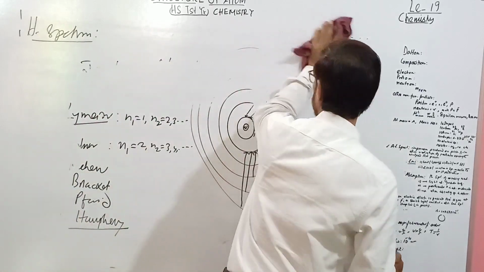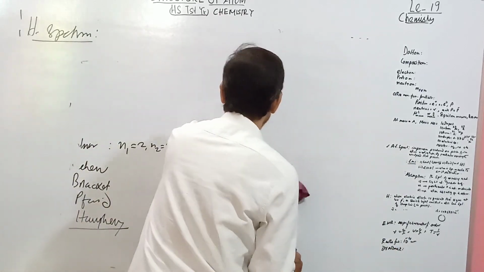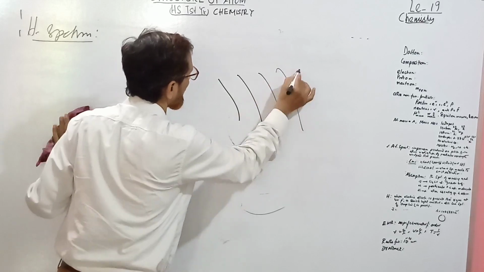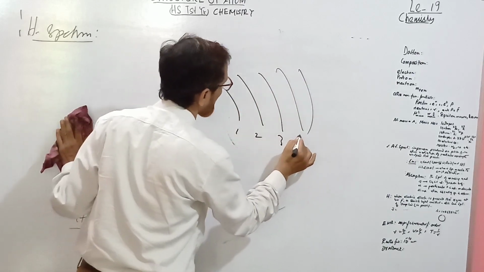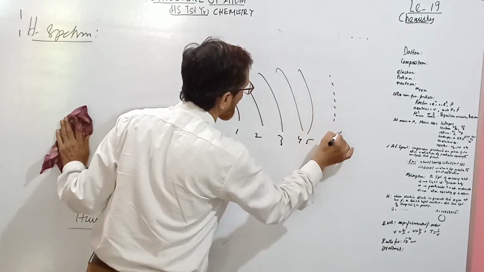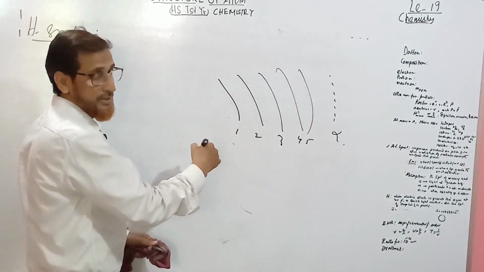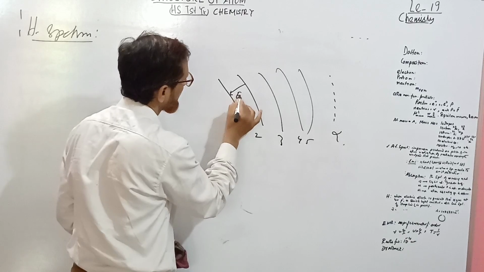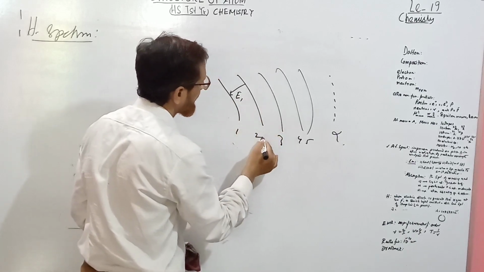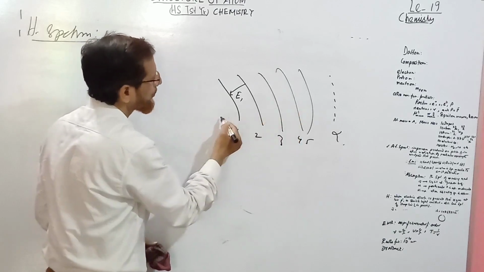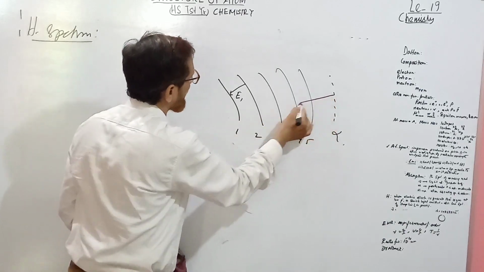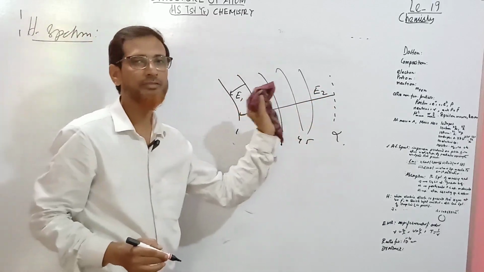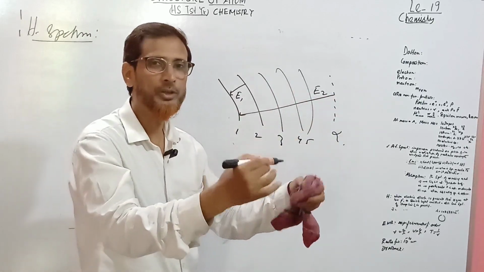Now, a question very often asked in the entrance exams, also in class, is this. In terms of energy, when the electron jumps from 2 to 1, there is energy, and when it jumps from 3 to 1, 4 to 1, 5 to 1, the energy gets more and more as the level is farther away.